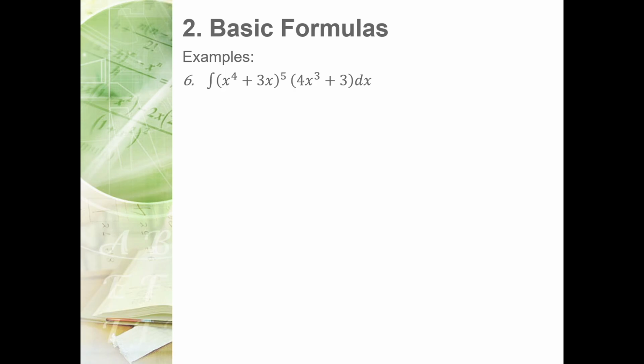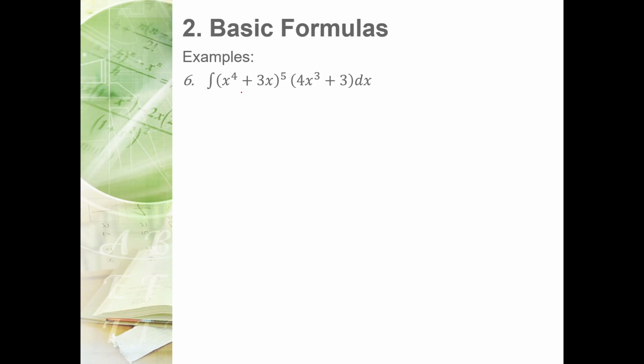So this one is a bit difficult. If you look at the equation, that's the integral of x to the power of 4 plus 3x, raised to the 5th power, times 4x cubed plus 3, with respect to x.